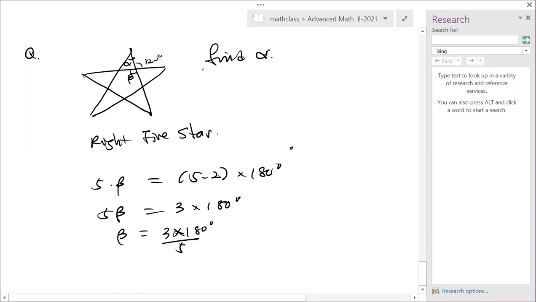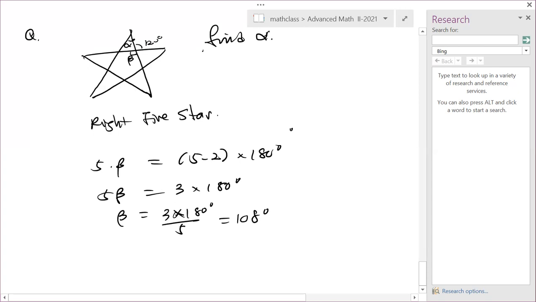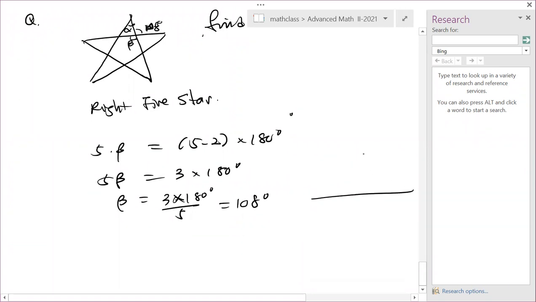Let's do the calculation, right? 3 times 180 divided by 5 is 108 degrees. So that is 108 degrees, not 120, right? Now you have a picture here: 108 degrees on this side, so this angle will be 72 degrees, and this is alpha, we don't know.